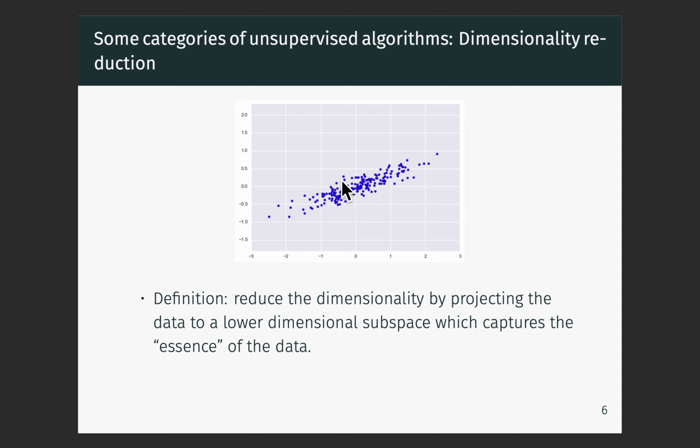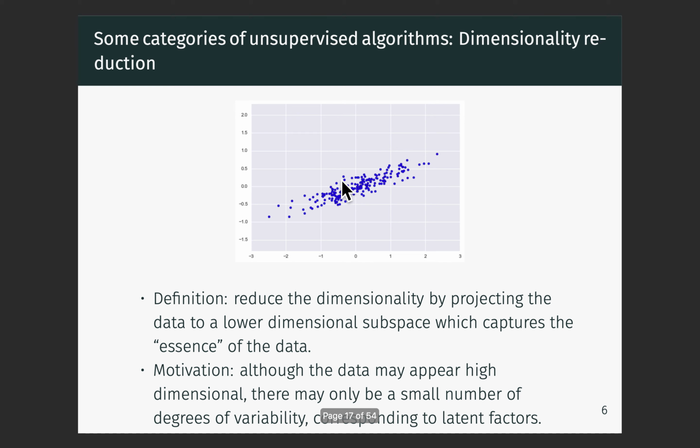That is, you want to project the data to a lower dimensional subspace, which is going to capture the essence of the data. And this word essence is really important. You want to be able to capture the important characteristics of the data. If you lose the essence, then projecting to a low dimensional subspace is of no use.